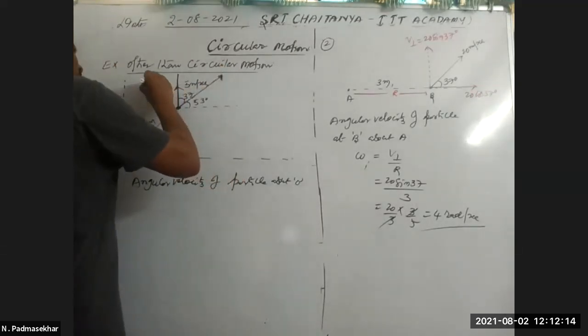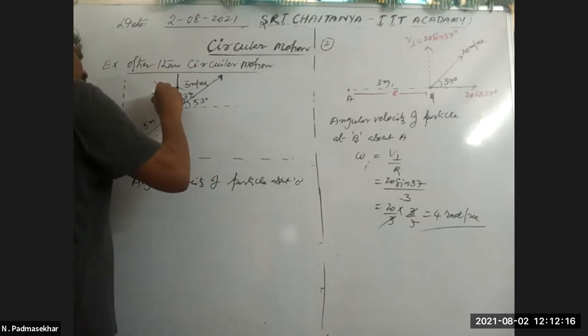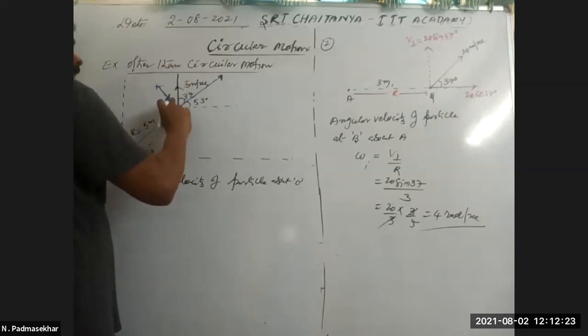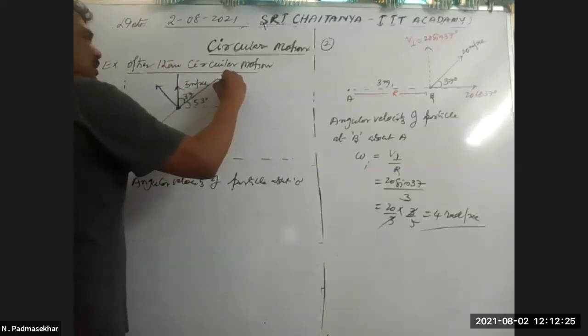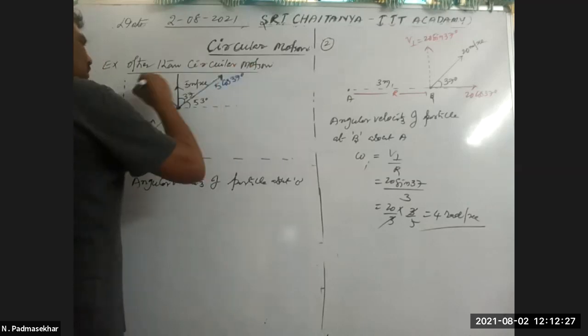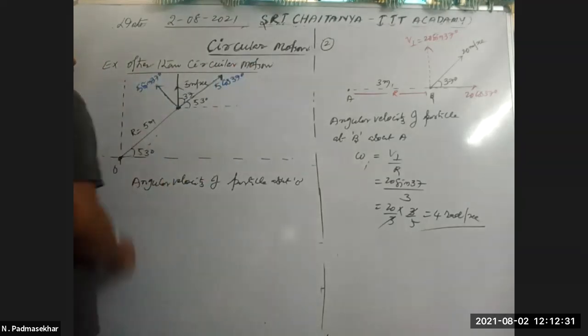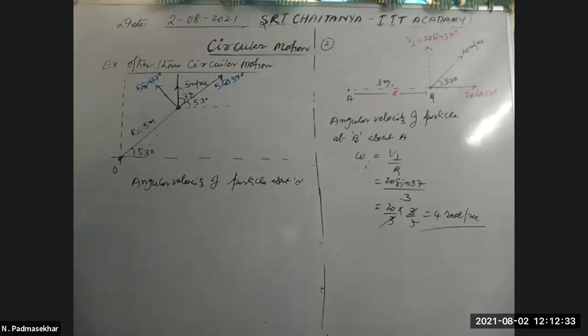This is one component and this is another component. It is 5 cos 37, and this is 5 sin 37.